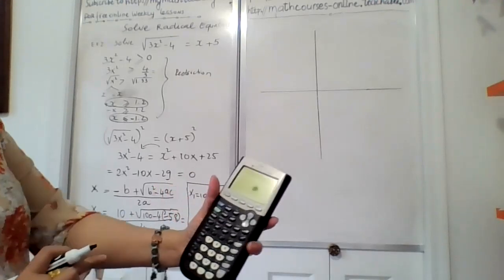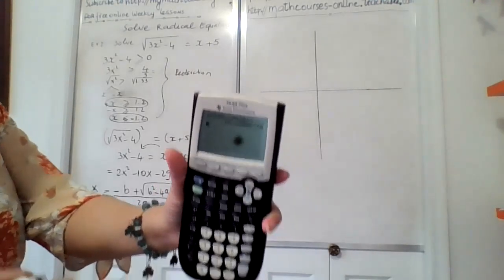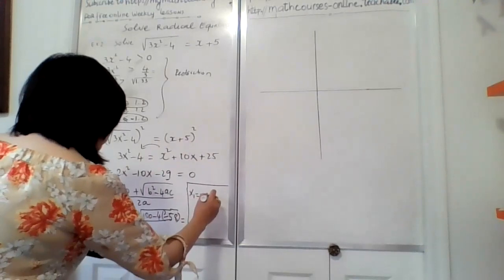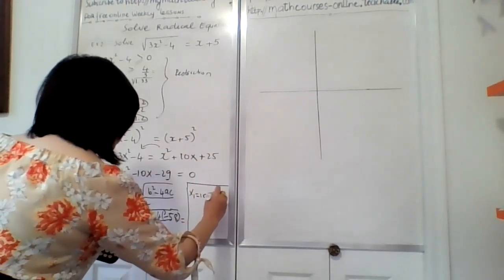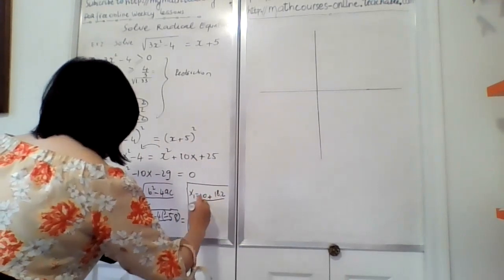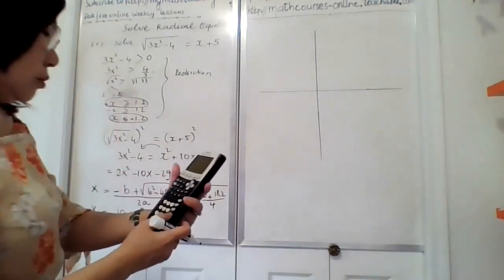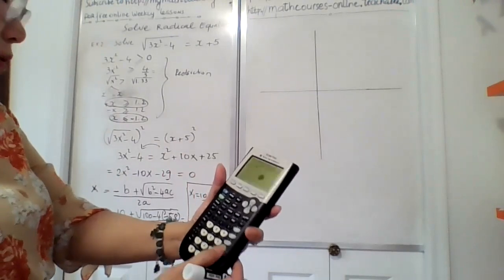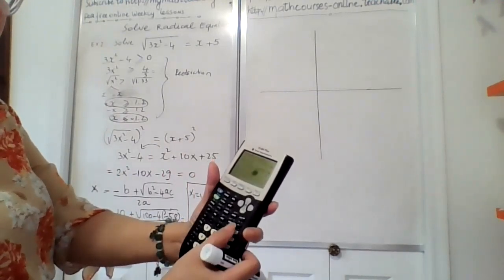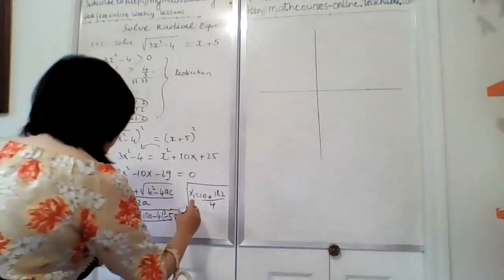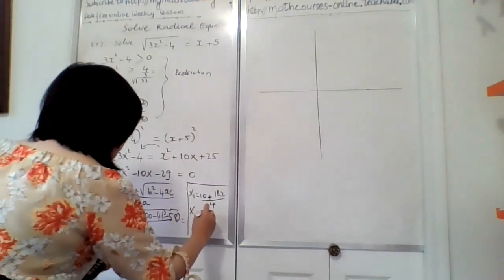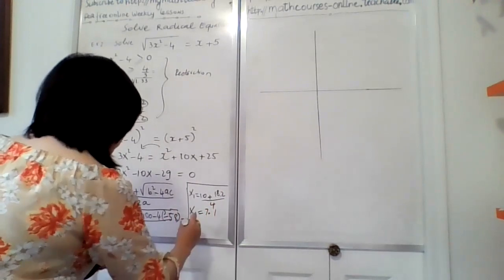That will give you 18.2, right? So our x1 will be 10 plus 18.2 divided by 4. So we add this number to 10 and divide it by 4. We get 7.1.